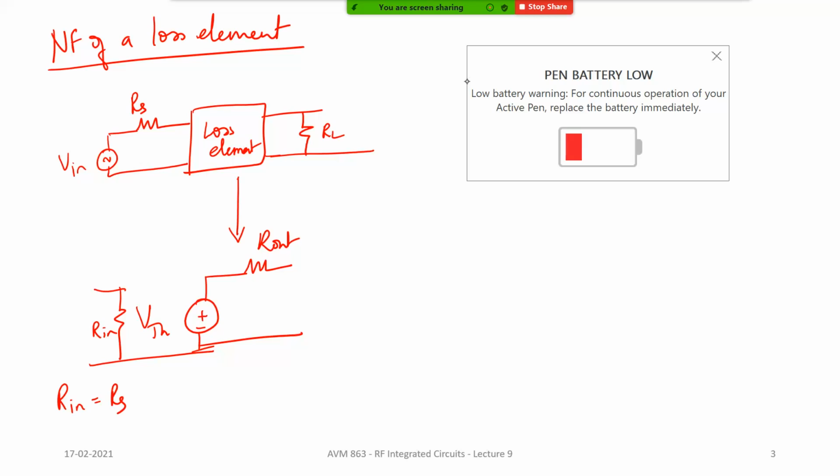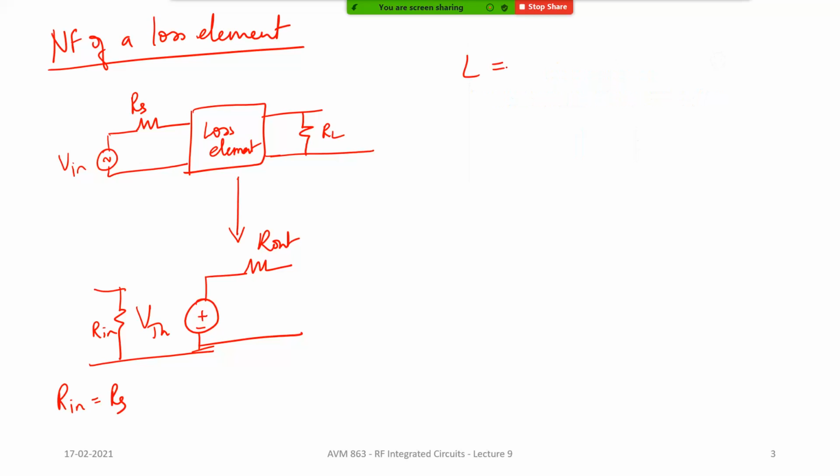Now, the loss L can be written as P in divided by P out, both in terms of available power. Usually we say gain is output by input, so here loss is just the inverse of that, input by output. Now in terms of what we saw in the morning, we can say V in squared divided by 4Rs is your available power.